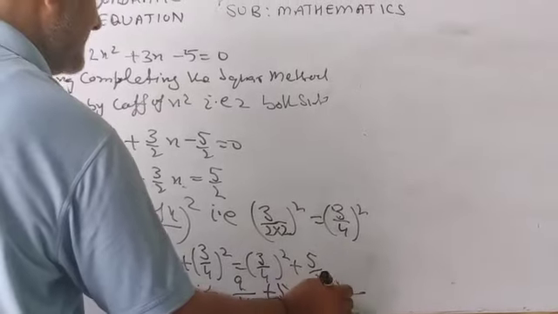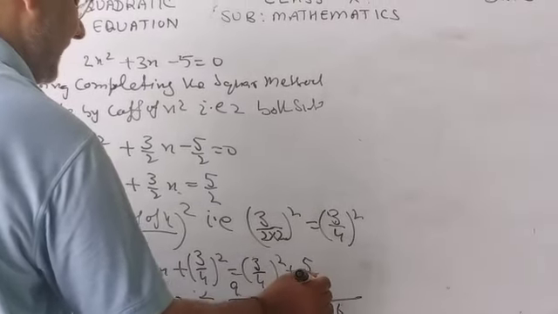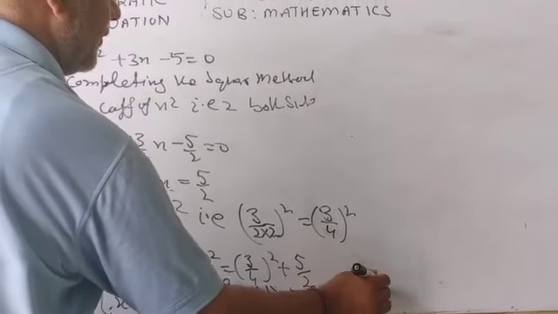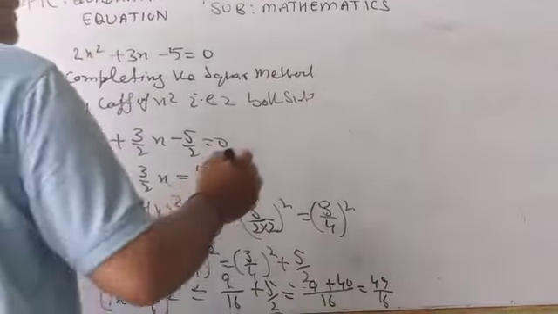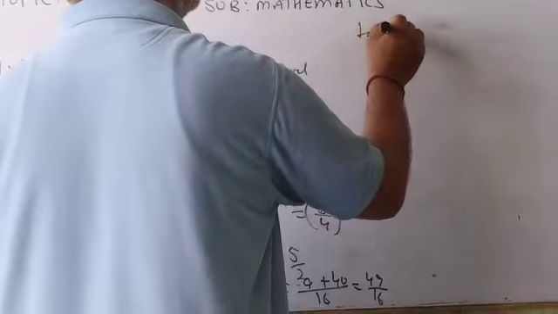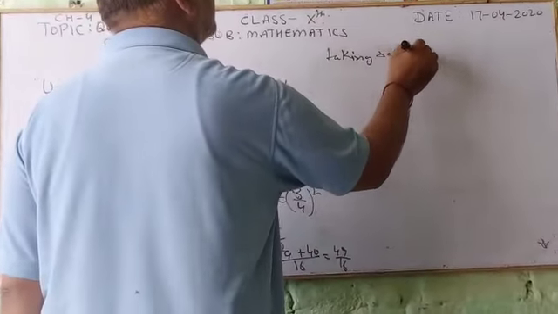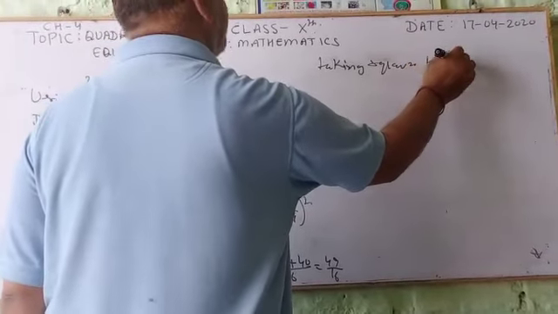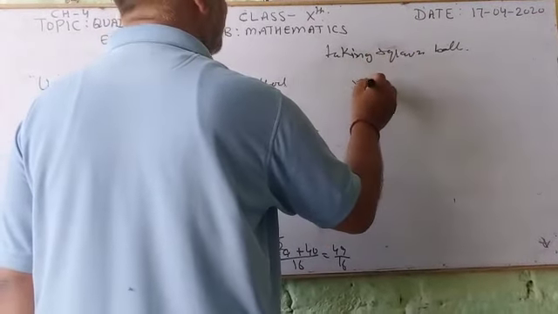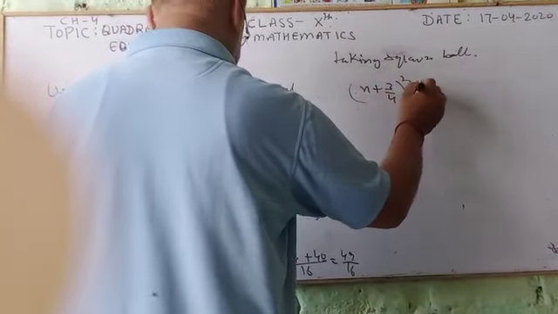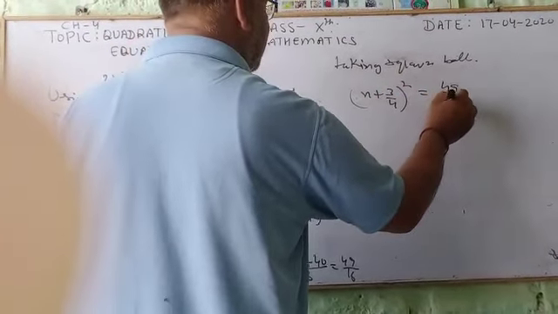Also we take the LCM: 9 plus 8 times 5, that is 40, gives 49 upon 16. So taking the square root on both sides, x plus 3 upon 4 whole square equal to 49 upon 16.